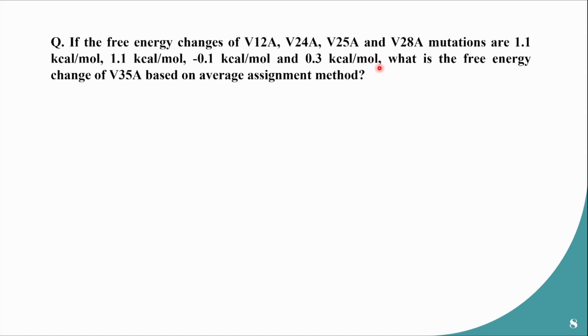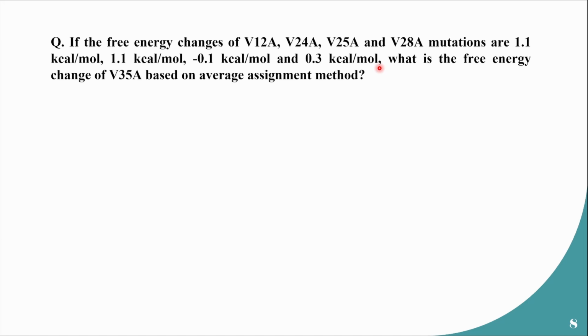In this case, we can assume that a positive free energy change could be destabilizing. We can assume that since the notation is not given, but that's not important here.